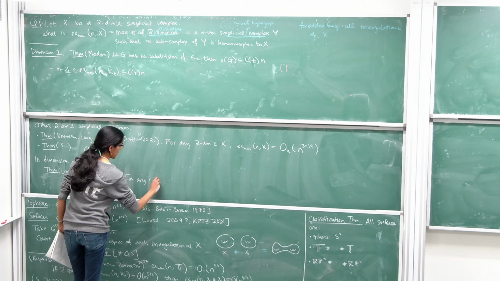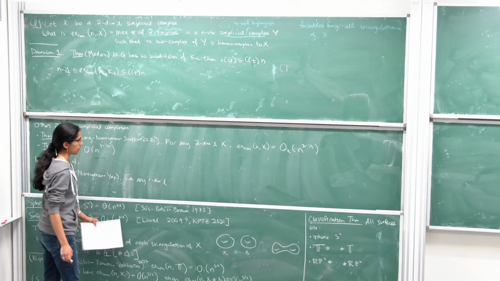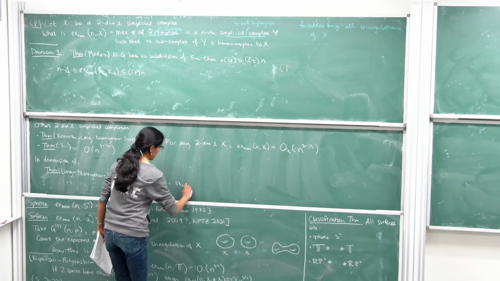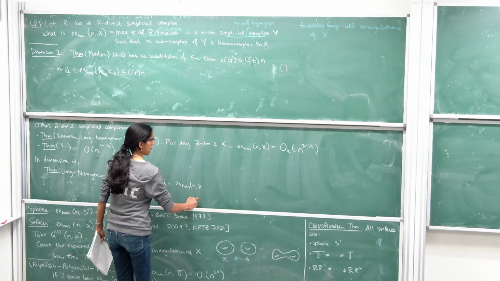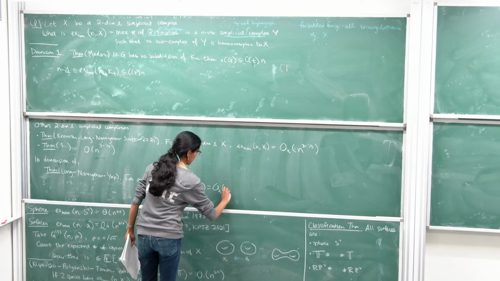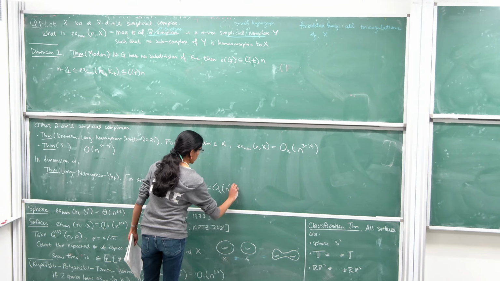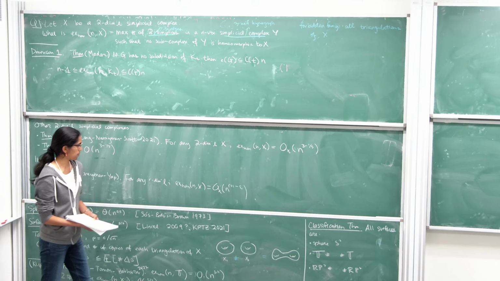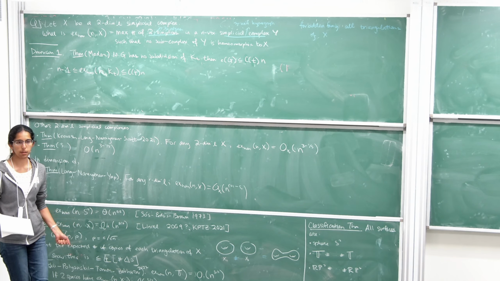For any r-dimensional X, there's some universal exponent r plus 1 minus epsilon r.